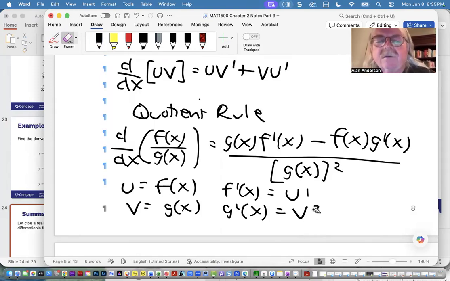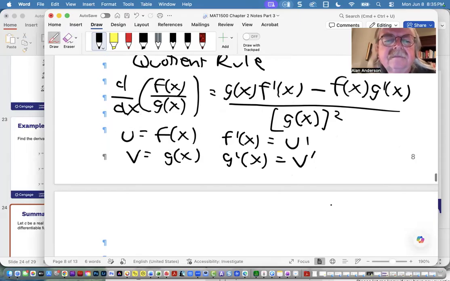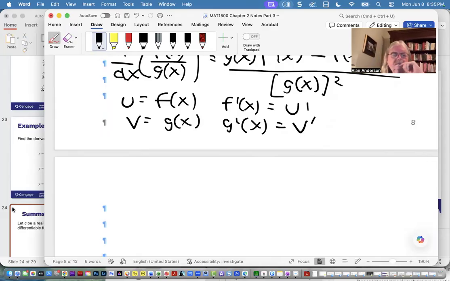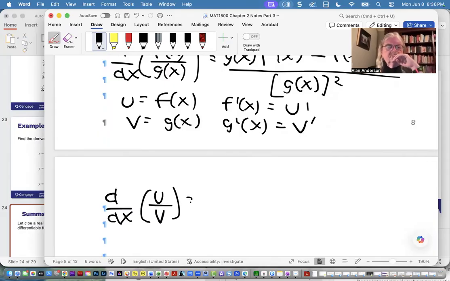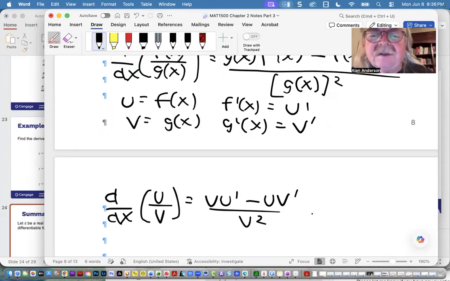So that means I can rewrite the quotient rule as, well, it's a little bit simpler, I suppose.